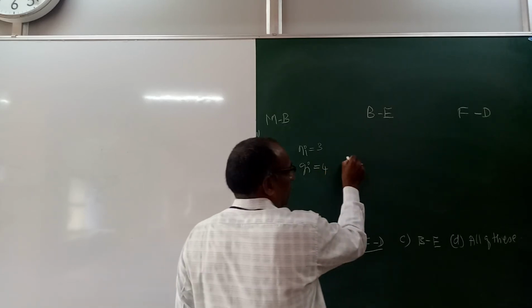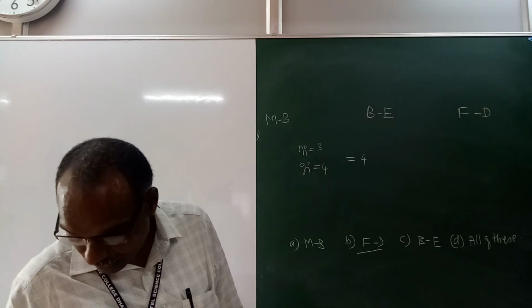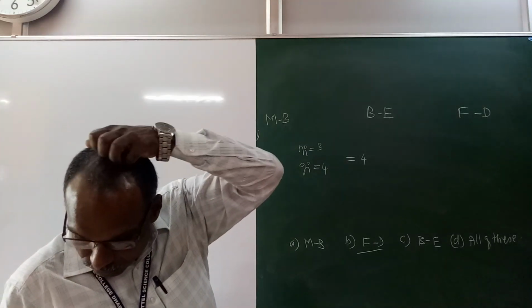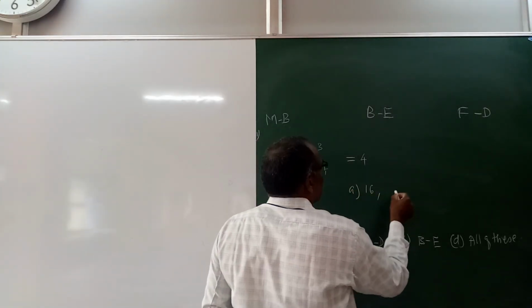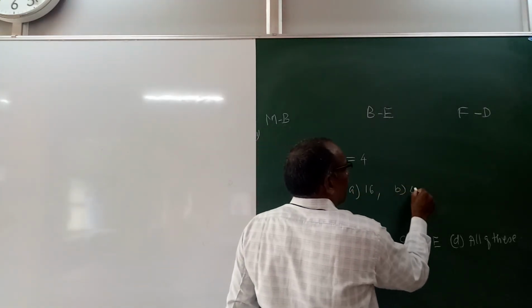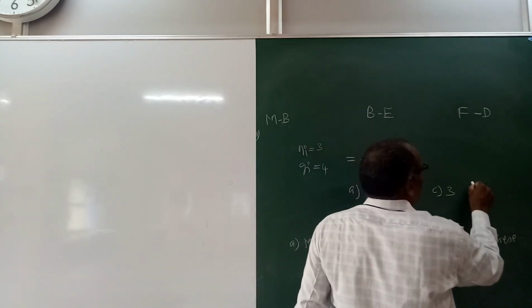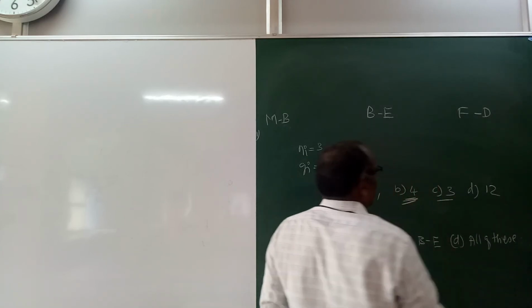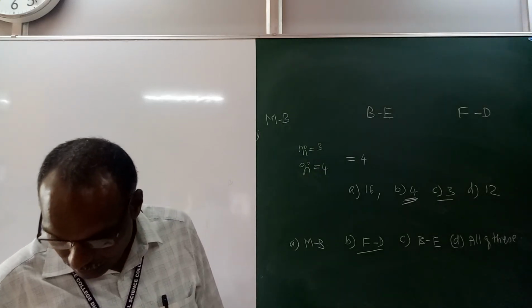The number of ways, the answers will be here. Already we have solved this. Alternate answers: A is 16, B is 4, C is 3, and D is 12. We have calculated this, so the answer is 4.